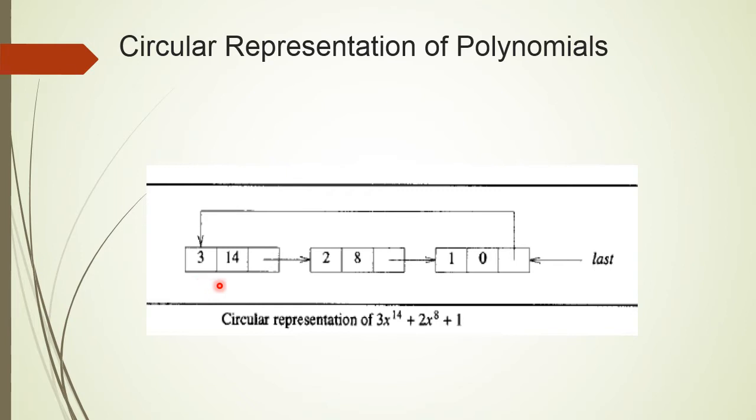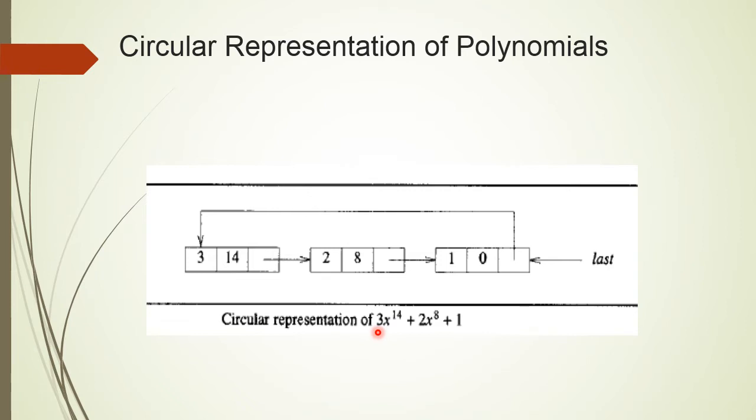With respect to the polynomial, each node of the linked list will have three fields. The first field stores the coefficient, the second field stores the exponent, and the third is the link. For each term of a polynomial we store only two values, the coefficient and the exponent. Since the variable is common to all the terms of the polynomial, we do not store the variable.